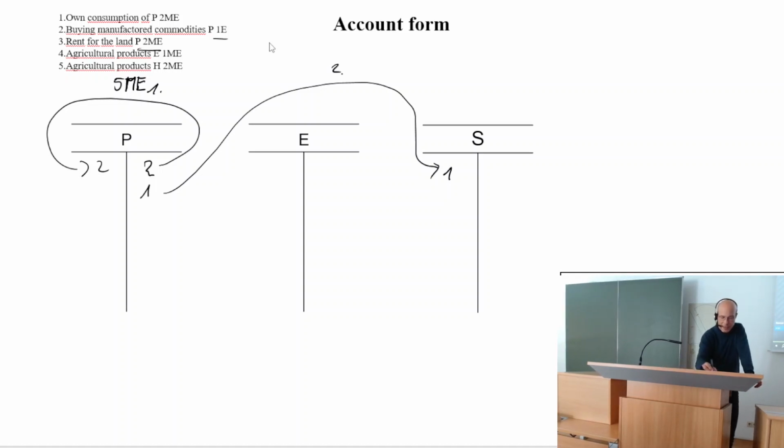Also, we have to pay a rent of 2 to the nobleman, to the king. So 2 to the clergyman.